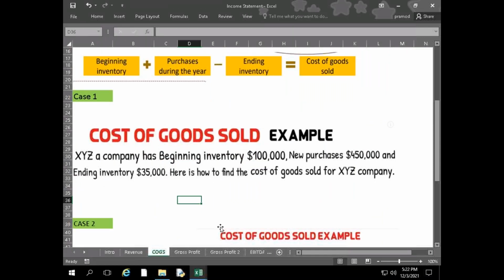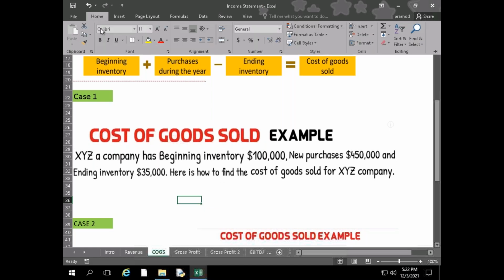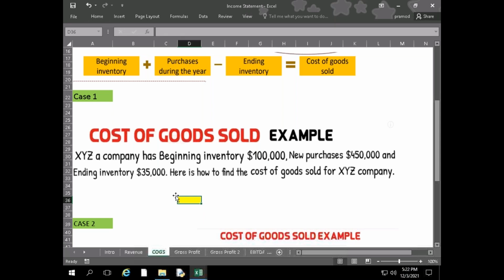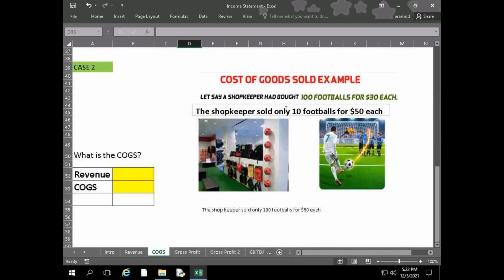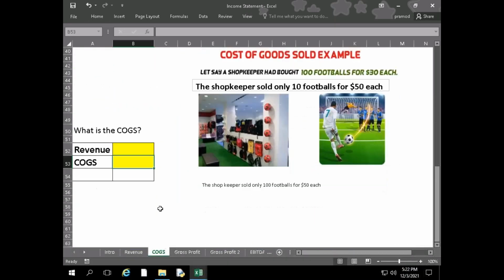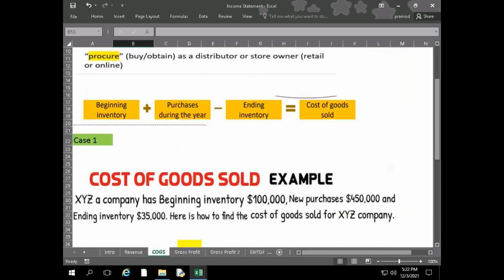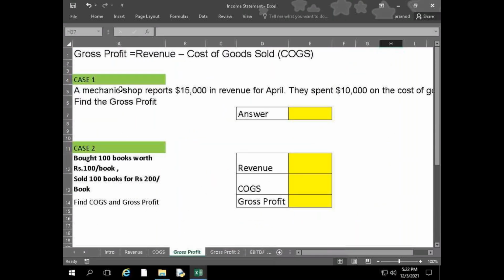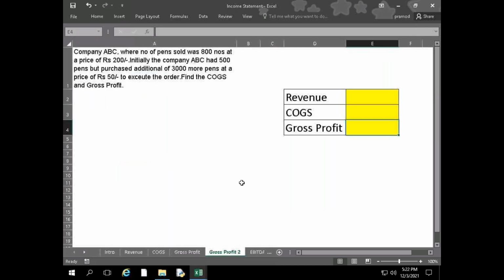Anywhere you write in any cell, click and give some color, then find out. In case 2 also you should find out the COGS. Then the gross profit: here you find out the gross profit, and here also you should find out the gross profit.